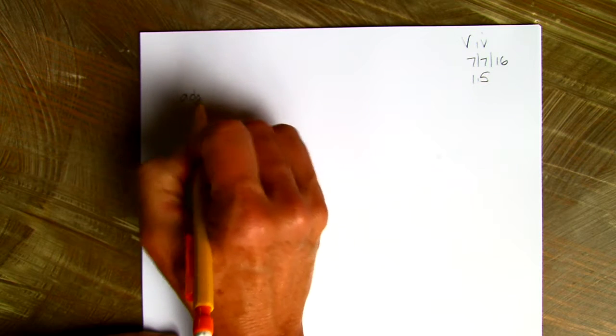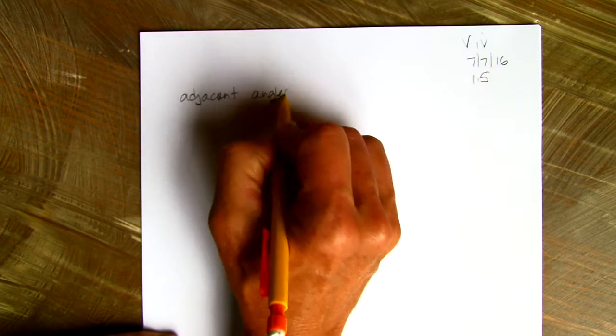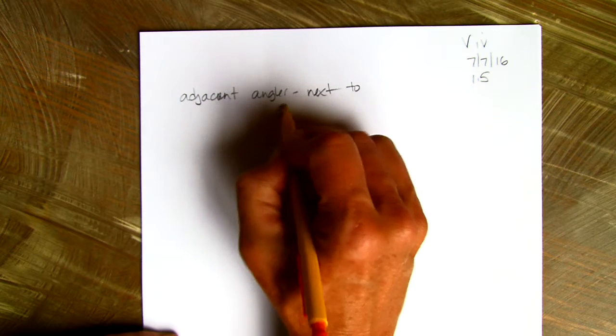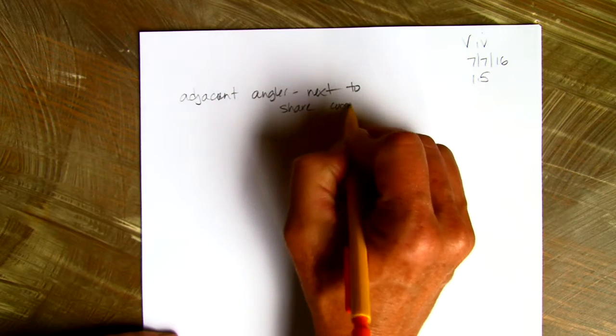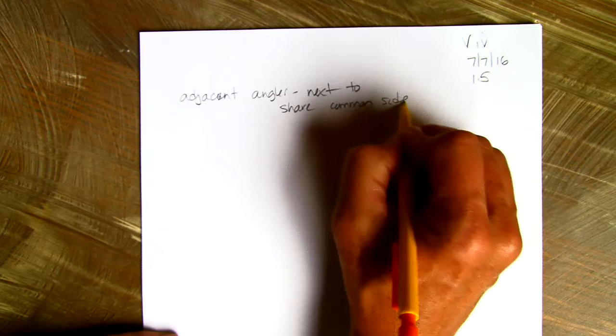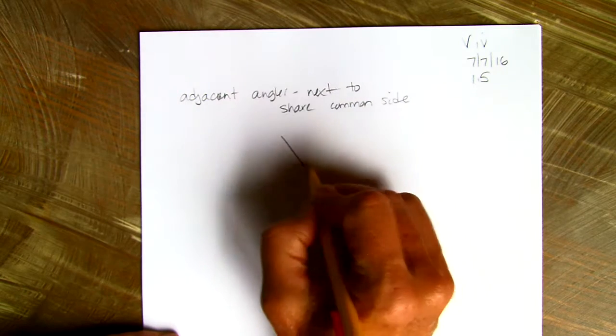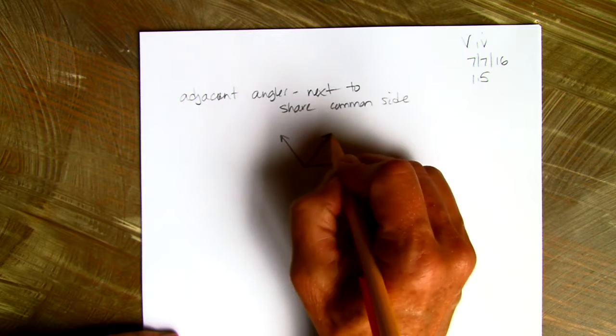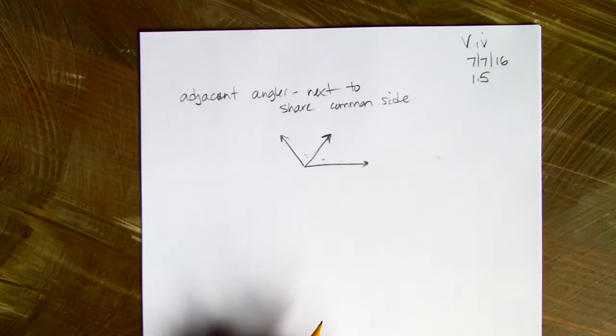Adjacent angles. We already talked about that one. They're next to each other, and they actually share a common ray, a common side. So they share this common side. These angles are next to each other.